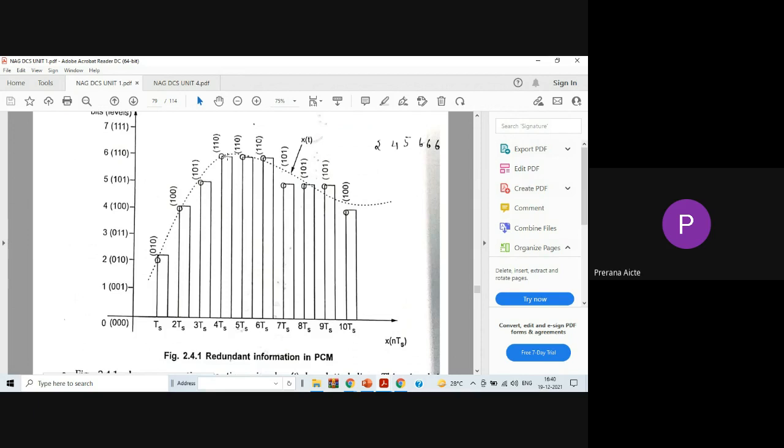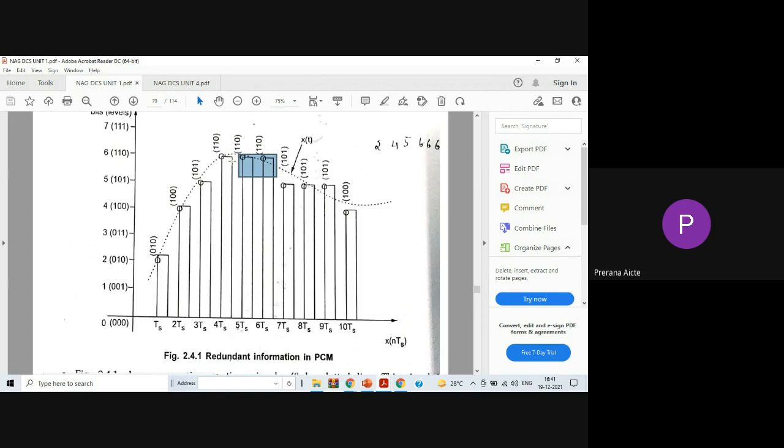At samples 4Ts, 5Ts, 6Ts it is 110, 110, 110. That is, 3 samples are carrying the same information. If you remove any 2 of these samples, we can avoid redundancy.